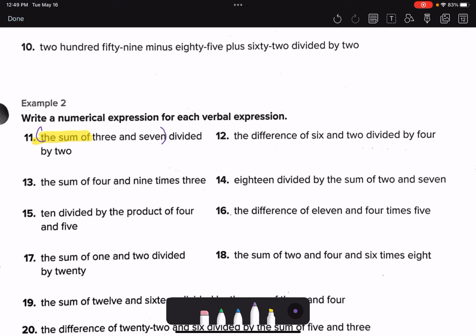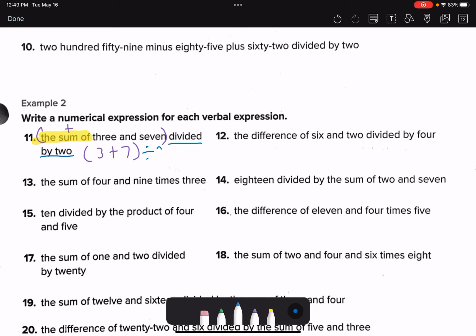Now, there's multiple ways to write this out. For this first example in this section, I'm going to write it out one way, and then in number 12, I'm going to write it a different way. So for this way, it says the sum of. Sum means addition, so this is a plus. So I'm going to put parentheses, 3 plus 7, and I'm going to close the parentheses out. And then on the outside here, it says divided by 2.